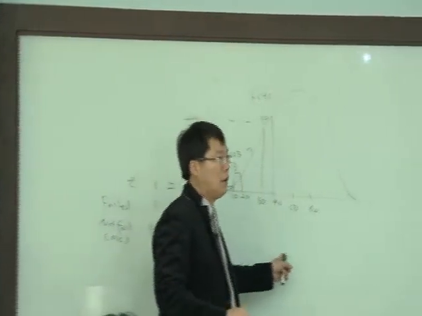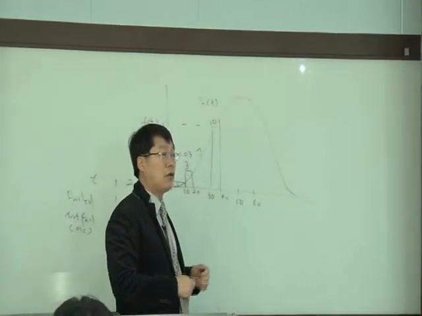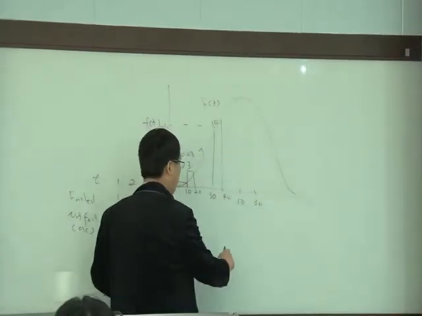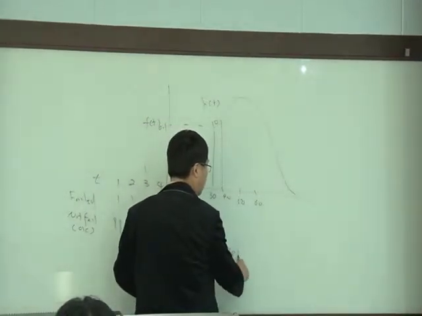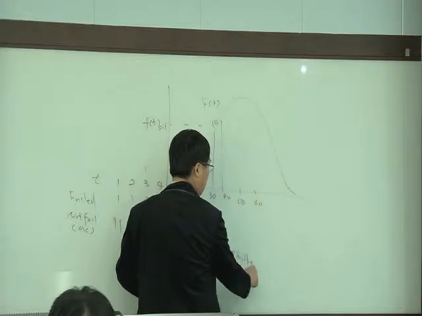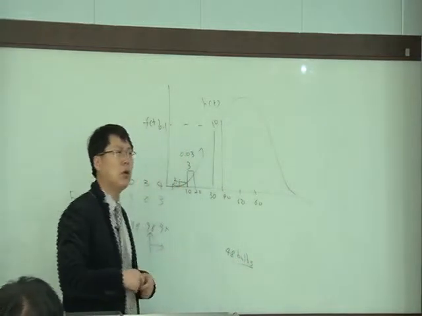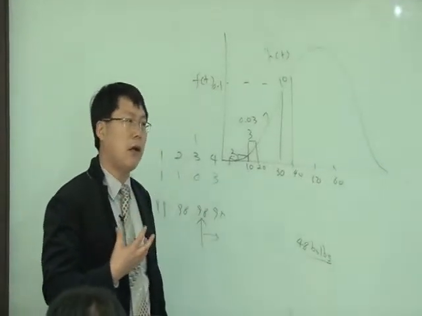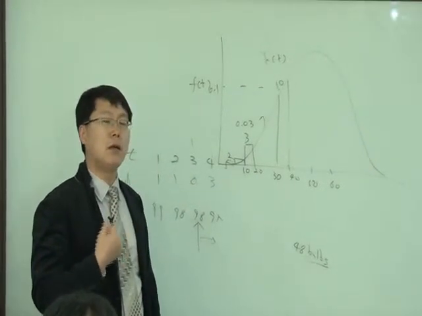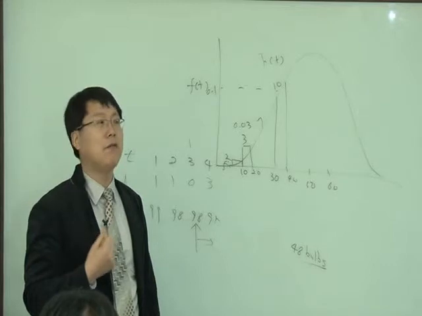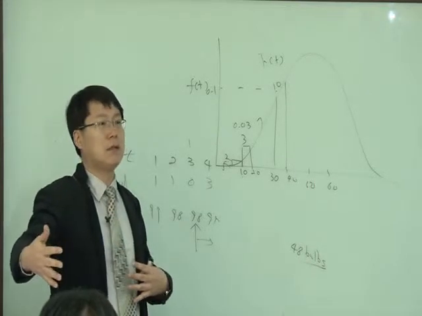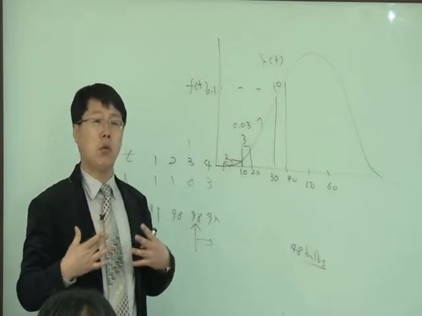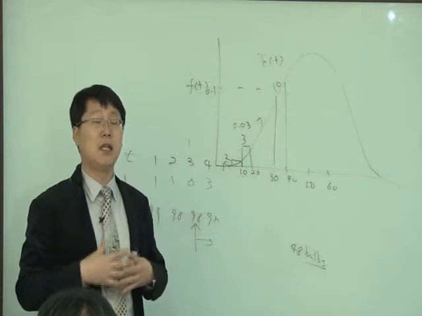Maybe 20 hours later, we have 48 bulbs. So we don't know the failure rate, the number of bulbs that may fail within 2 hours. That's the question we wanted to answer in the real world.